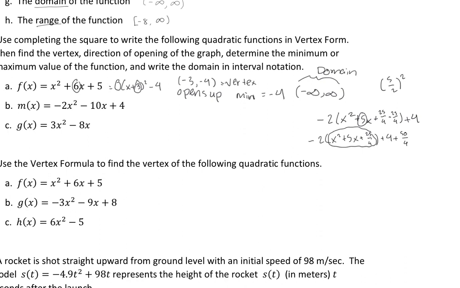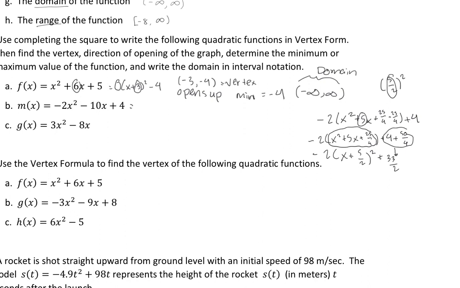We're going to have -2 times x plus the term that goes in here, which is just this 5/2. So it's going to be x plus 5/2 squared plus, and if we add these together, that's going to give us, I think, 33/2. Yep. So that's going to be our function.